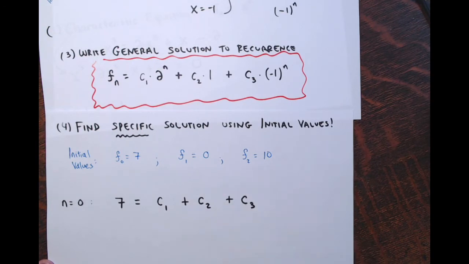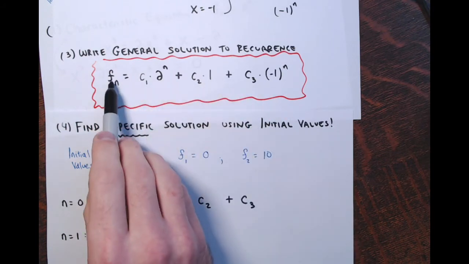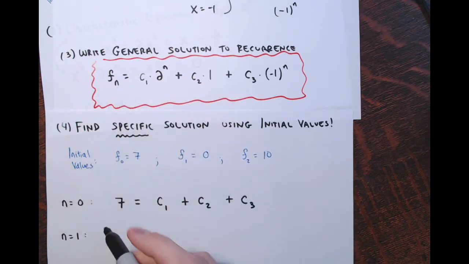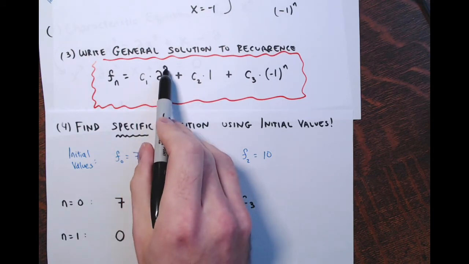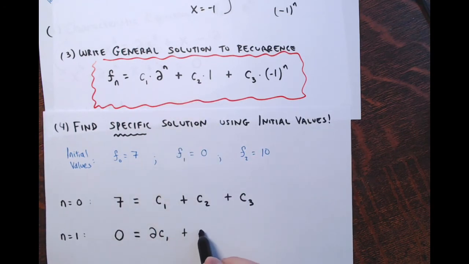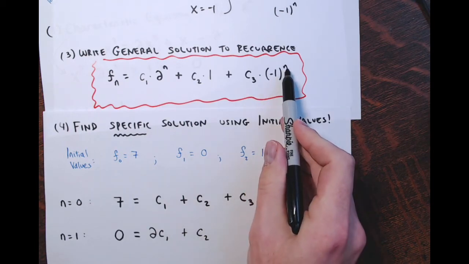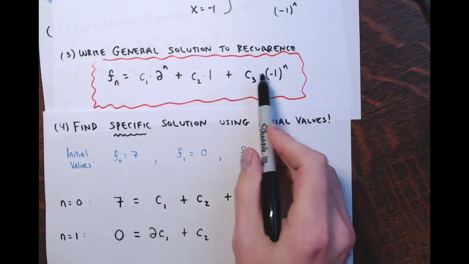There's one equation involving C1, C2, and C3. When n equals 1, plugging in 1 for n in my general solution, you get F1. Well, F1 is 0, so 0 on the left, and 2 to the 1 is 2, so I got 2 times C1 this time. Still plus C2. And then negative 1 to the 1 is negative 1, so minus C3.